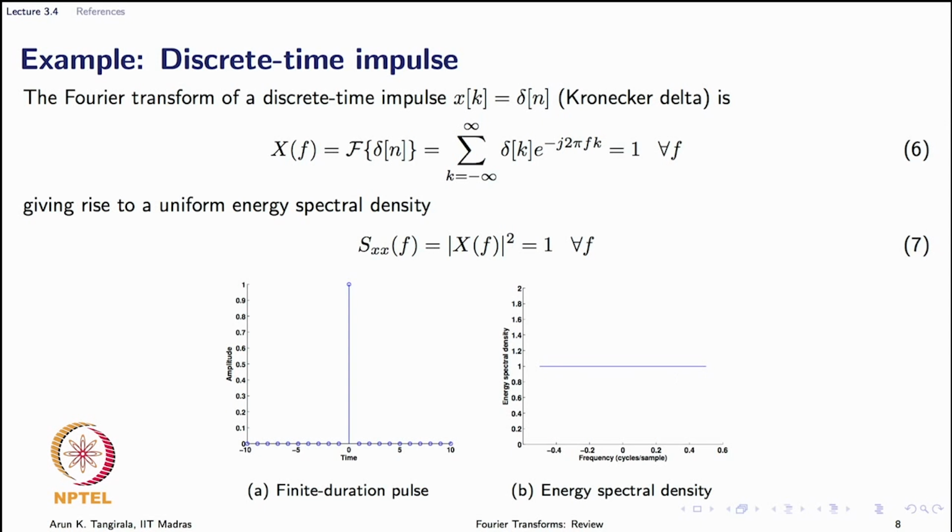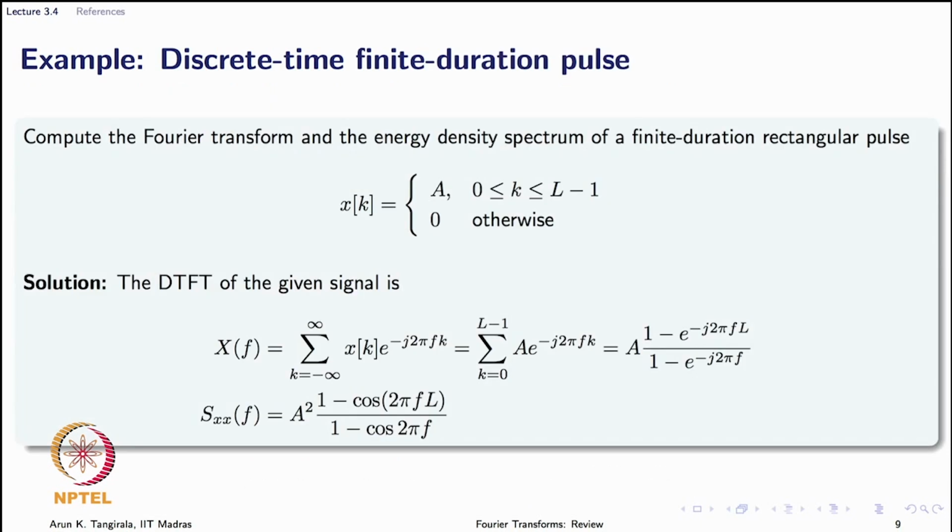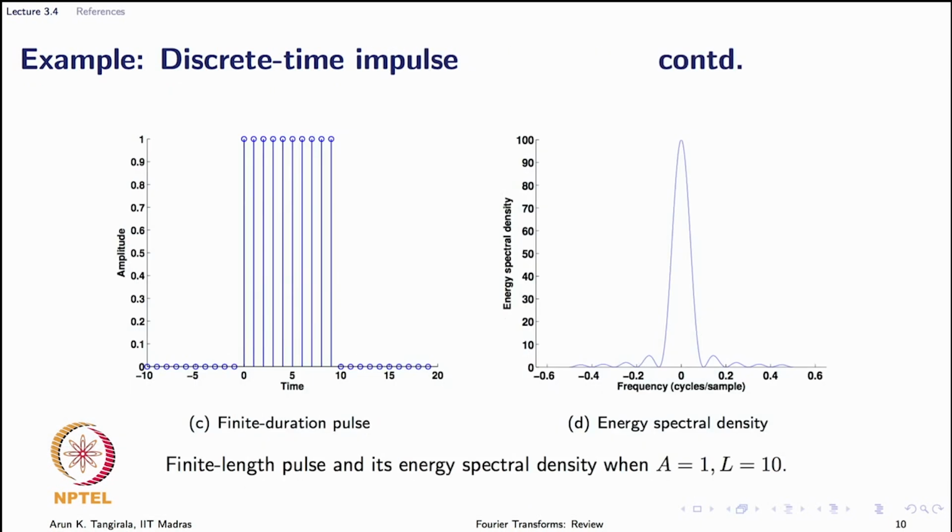In fact, for the impulse the energy density is spread over all frequencies, whereas for the pulse case the energy spectral density is localized over this interval. So, there is significant energy in this range, but insignificant energy outside this interval. So, the bandwidth is definitely smaller than the case of the impulse. Again, the same story, the duration bandwidth principle is playing the game here.